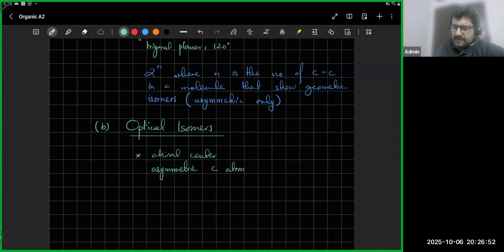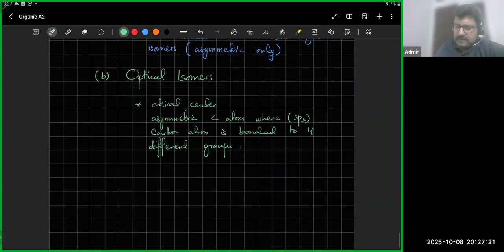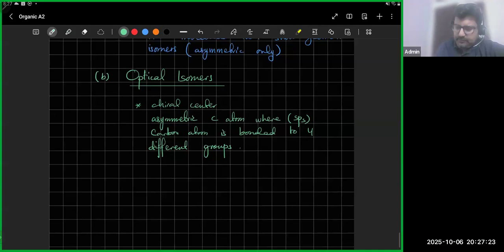Okay, like the left hand, right hand. So it's an asymmetric carbon atom, an sp3 hybridized carbon atom, bonded to four different groups, and they're going to be two non-superimposable mirrored versions.